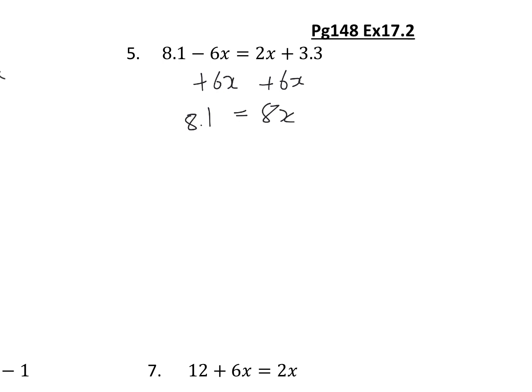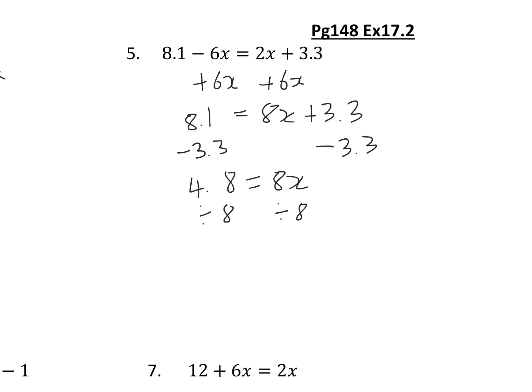On the right, we'd have 8x plus 3.3. Then want to get rid of that 3.3. So I subtract 3.3 from both sides, and I end up with 4.8 equals 8x. Then I finish off by dividing by the number of x's, which is 8, and 4.8 divided by 8 is 0.6.